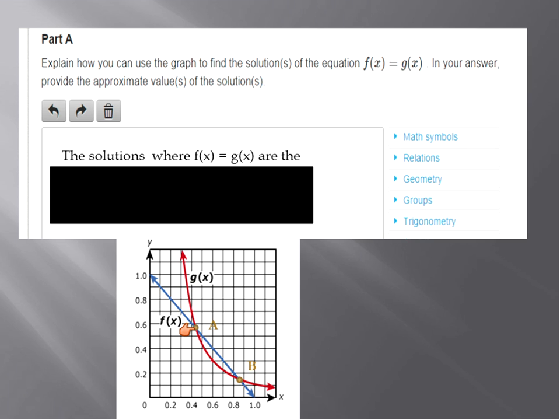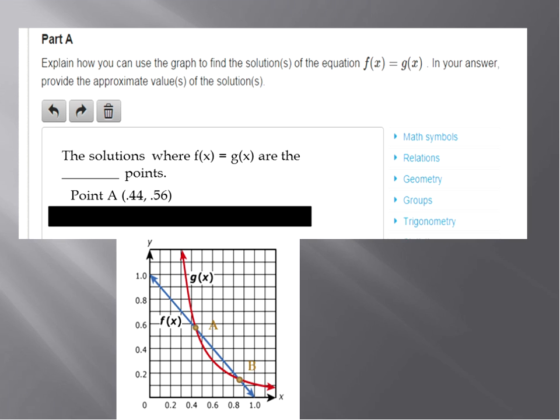It's just a little below 0.45, halfway in between the 0.4 and 0.5. Now this coordinate is our y-coordinate, and it looks like it's a little bit above the halfway mark between 0.5 and 0.6. So I'm going to label my y-coordinate as 0.56. So point A, my first solution, is 0.44, 0.56.